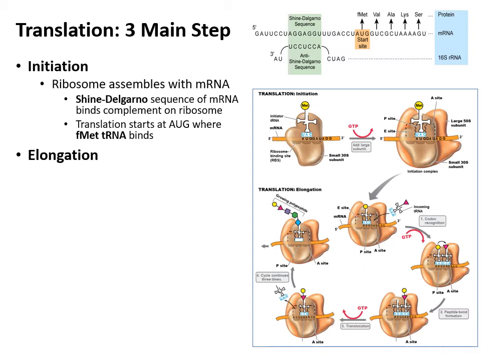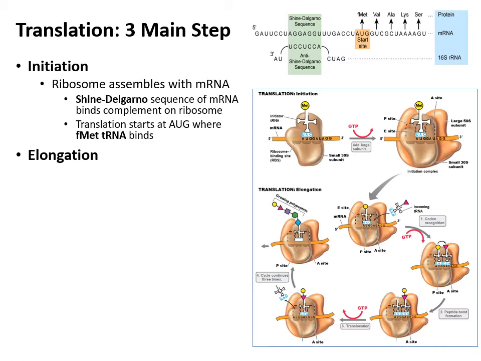Now, before I put the bullet points out for you to see, I kind of want to help you visualize what's happening in the process, and then you'll get to see it again in the video as well. So when you have translation occurring, first of all, the ribosome grabs a hold of the mRNA at the Shine-Dalgarno.